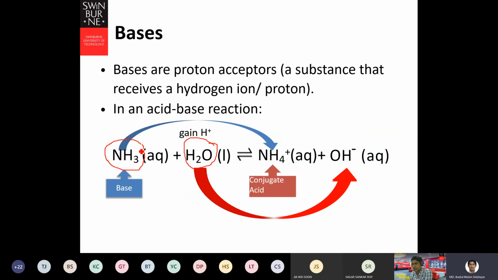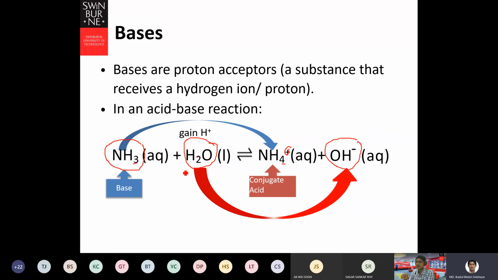This H2O gave 1 hydrogen to this ammonia, and then ammonia becomes NH4 plus. It was 3 here, becomes 4. And H2O becomes OH minus by giving 1 hydrogen, right?